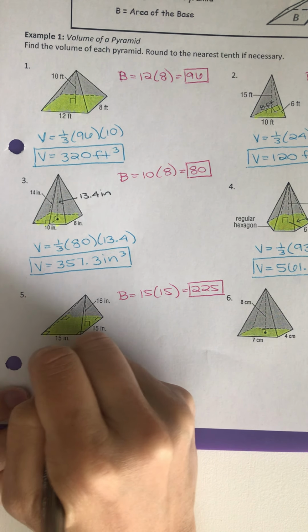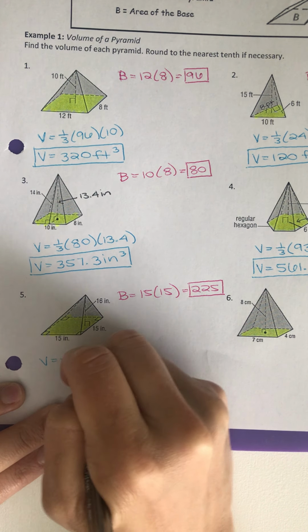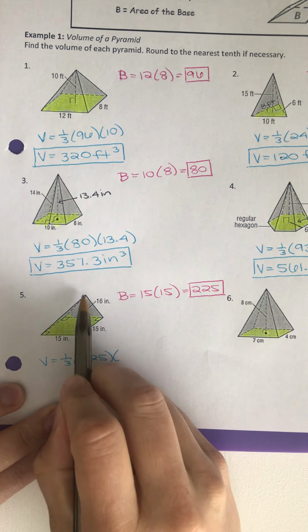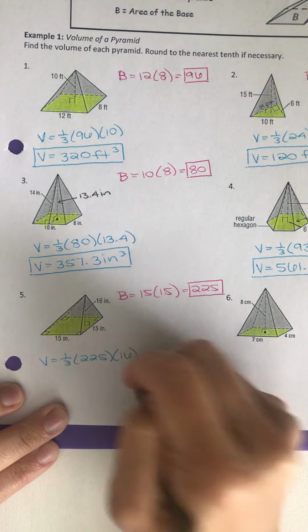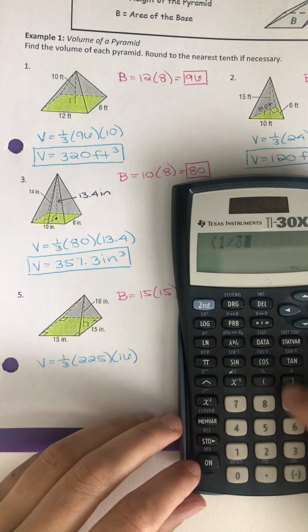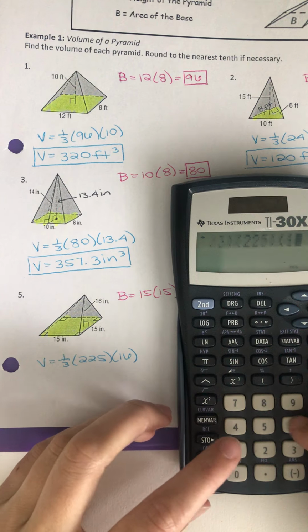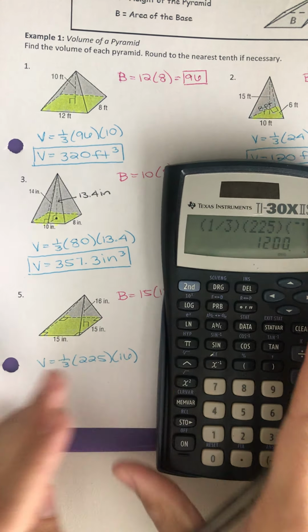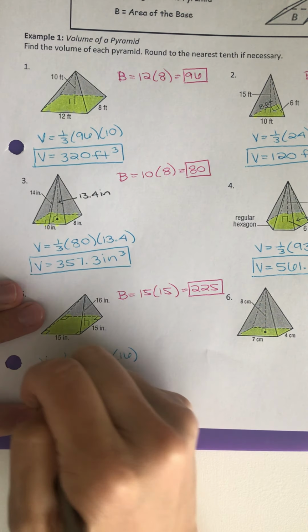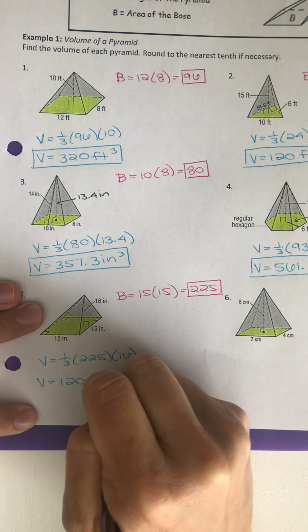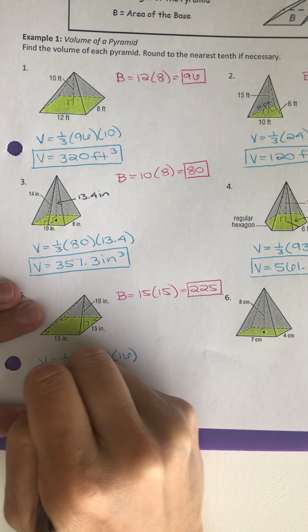My volume is 1/3, 225 times the height, which is 16. And I get 1,200. Inches cubed.